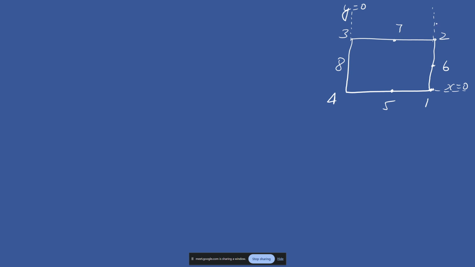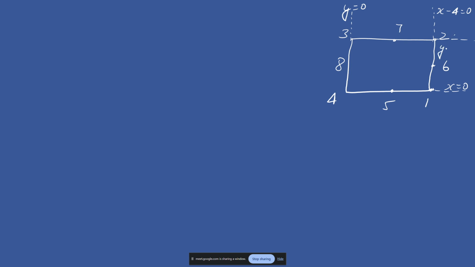Here the function is x minus 4 equals 0, and here the function of y is y minus 2 equals 0.